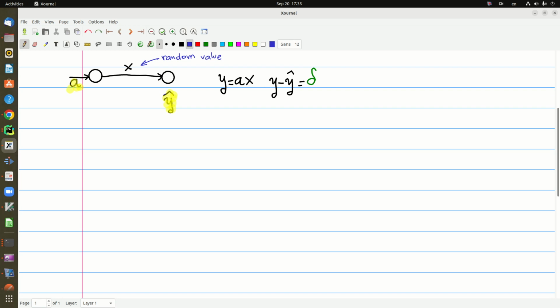And as such, we have a delta that can be very large or very small. And our objective is to find the way to improve the x.